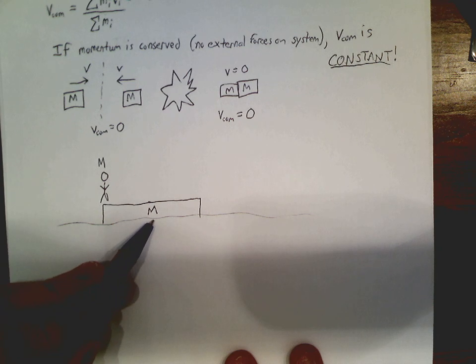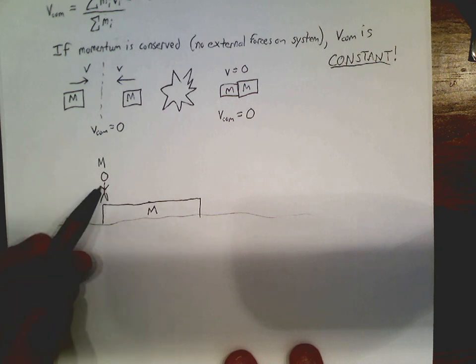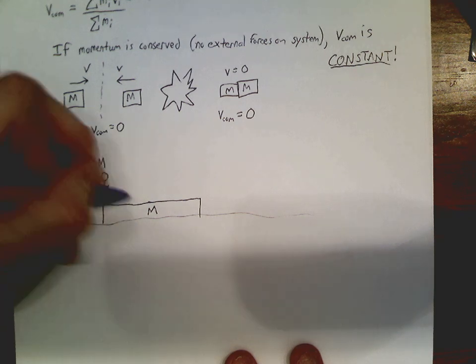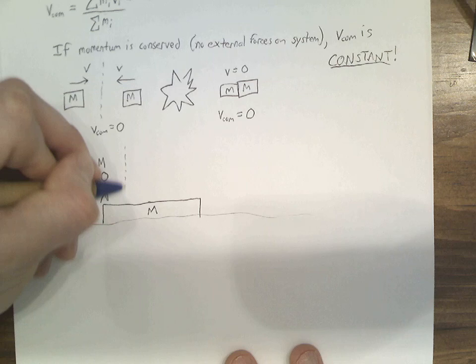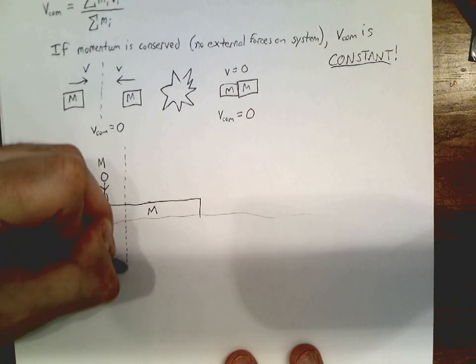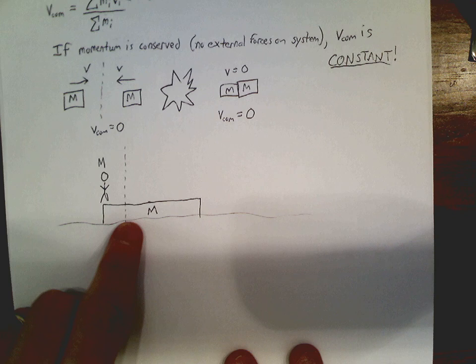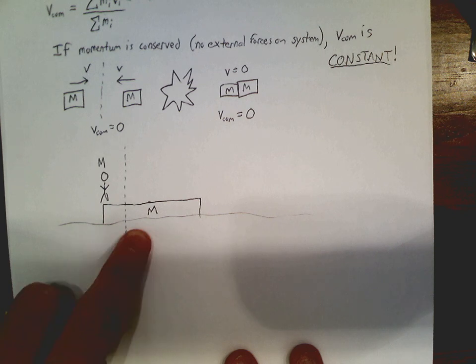The center of mass of the log is here. The center of mass of the person is on the left edge of the log. So if we find the average of those centers of mass, we would expect the center of mass to be halfway between the left edge and the center.